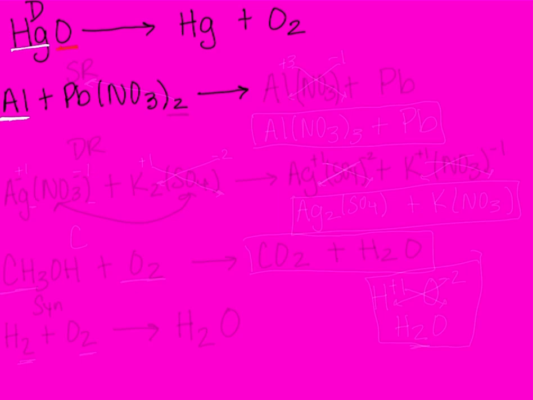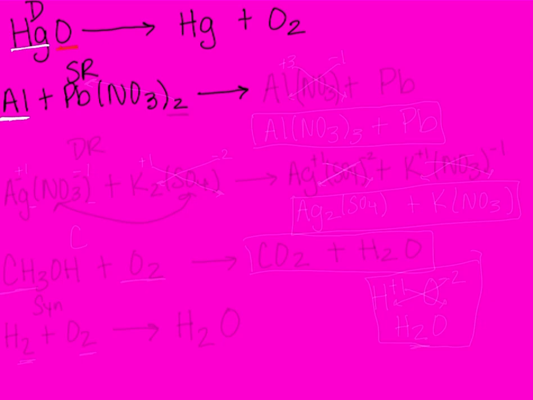With that being the case, when I have a single and a couple, or a single element and a compound, I know that I'm likely going to have a single replacement. If I have a single replacement, that means one of these elements is being swapped.